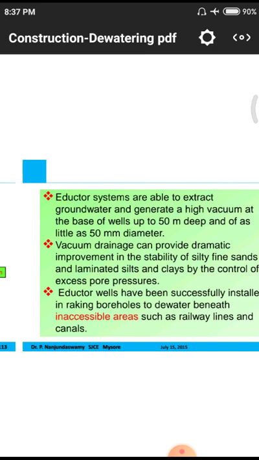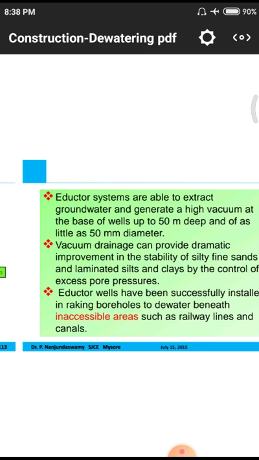For large scale projects, 50 meters means above 170 feet. The pipe diameter can be as small as 50 mm, that means 5 centimeters or a 2-inch pipe, which is capable of drawing down water from a depth of 50 meters. These systems we have to employ.